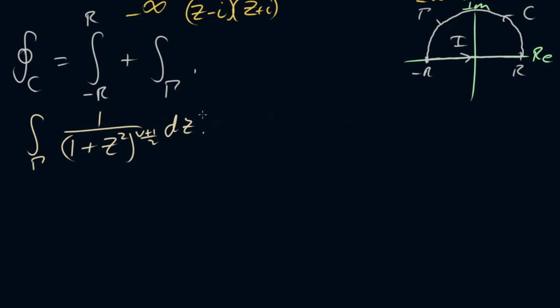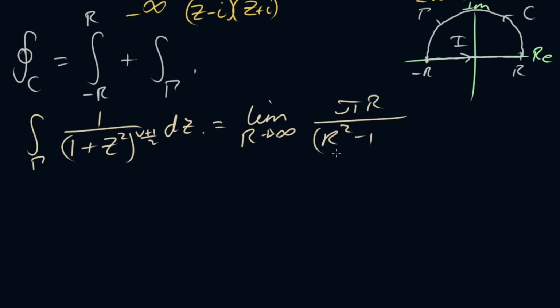Either way, you're going to see that this is essentially the limit as r goes to infinity of pi r over (r squared minus 1) to the (nu plus 1) over 2. And as long as nu is greater than or equal to 1, this is obviously going to converge to 0. So we've shown that this goes to 0 when we take r going to infinity.